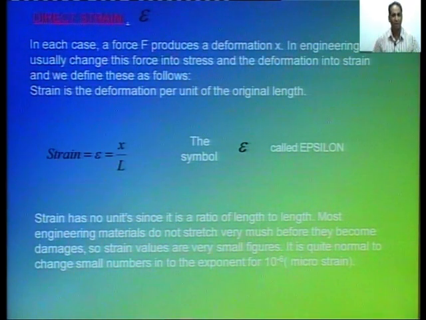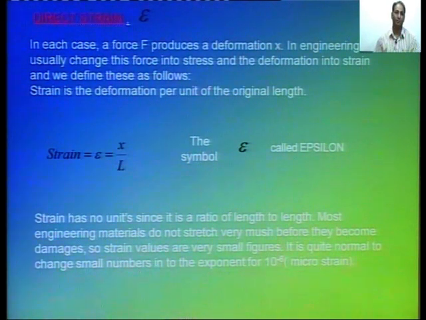In other words, the strain in any direction is equal to the change in dimension over the original dimension. Strain has no units since it is a ratio of length to length, and both are units of length.